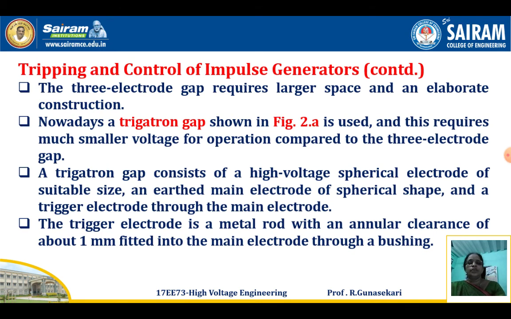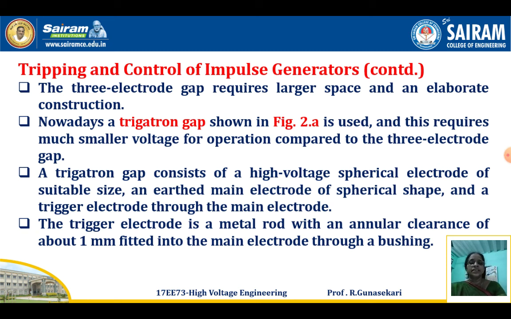Now we study the theory part. The trigatron gap requires much smaller voltage for operation compared to the 3 electrode gap, which is like a thyratron with anode, cathode and gate.